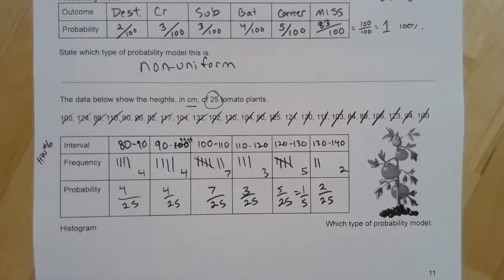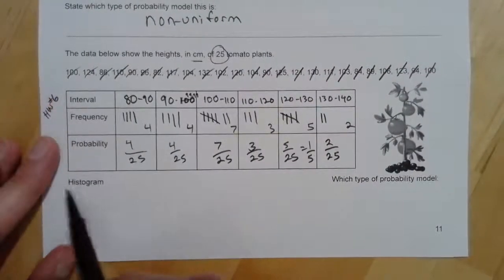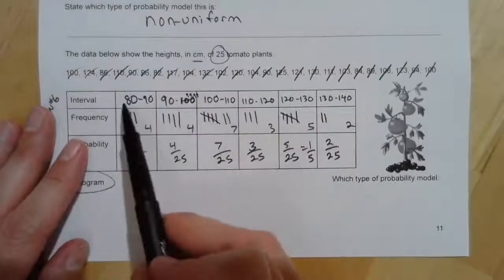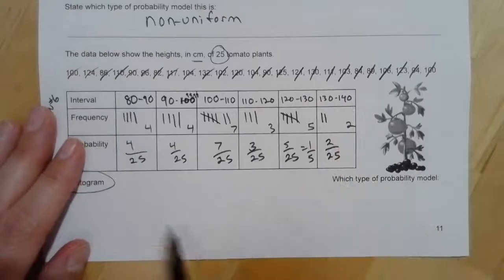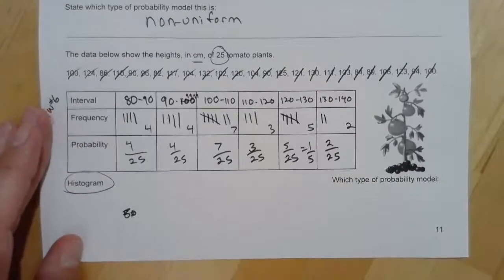And lastly, we're going to practice writing it as a histogram. So again, I just want to emphasize, we call this a histogram instead of a bar graph because these are continuous, these are intervals, it's a continuum here.